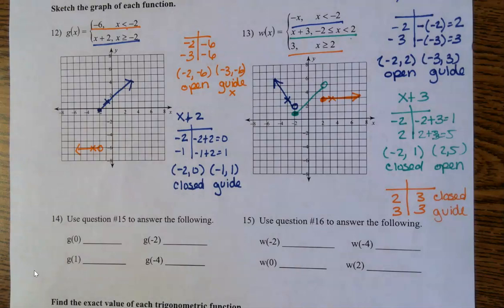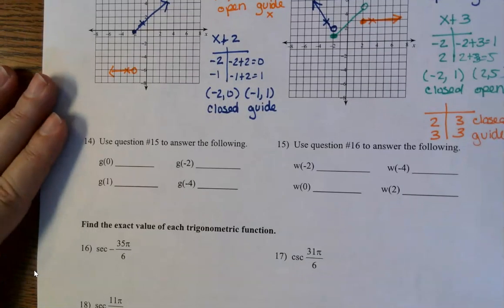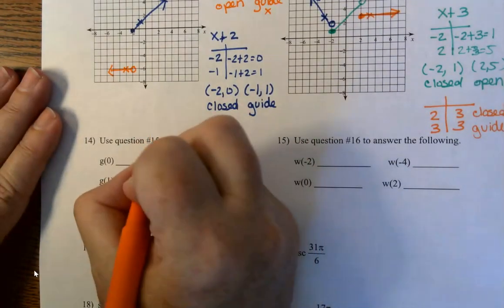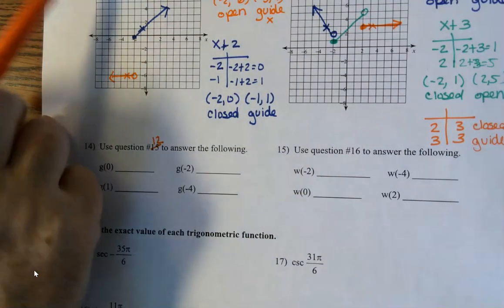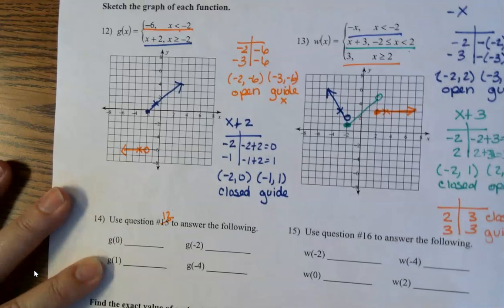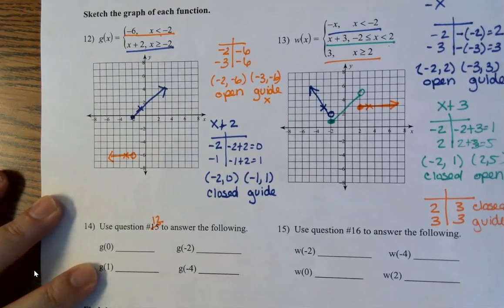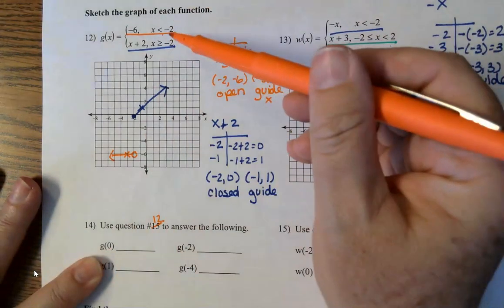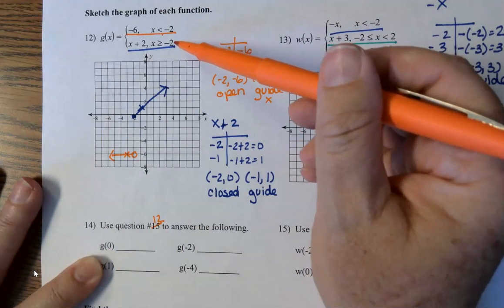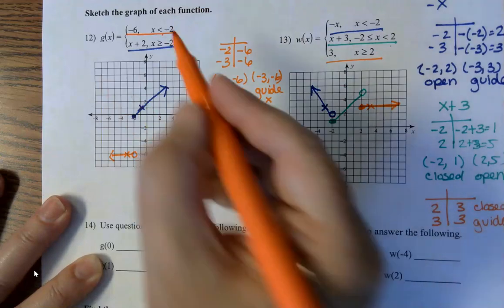Okay. So now let's look down here at number 14. So that should be number 12. So we're going to use number 12 to answer these questions. Okay. Here we go. Okay, 0. So is 0 less than negative 2 or bigger than negative 2? Correct.